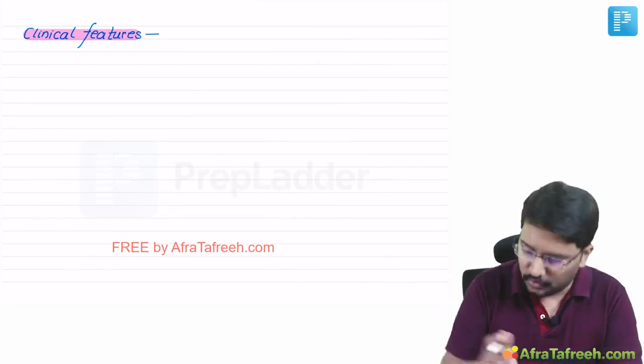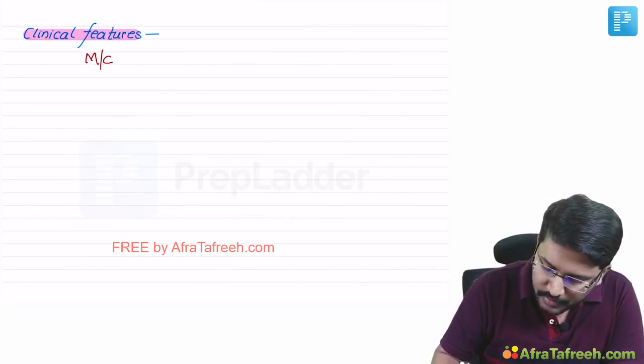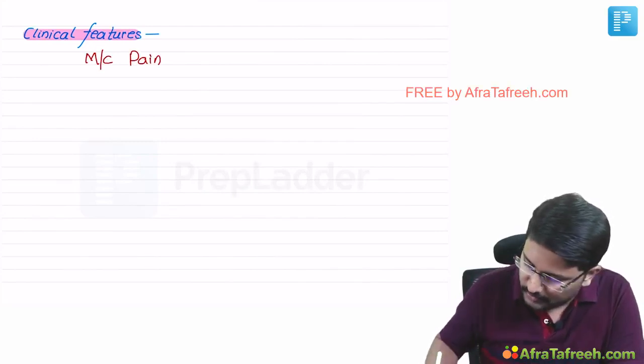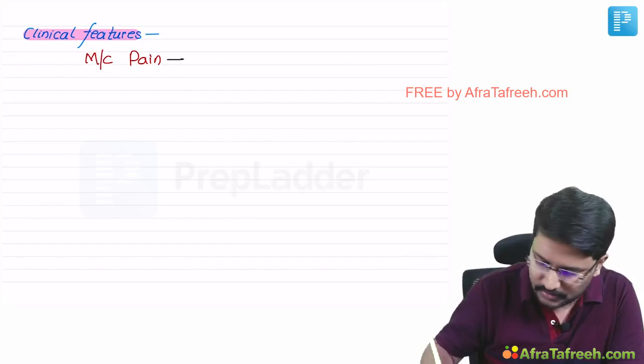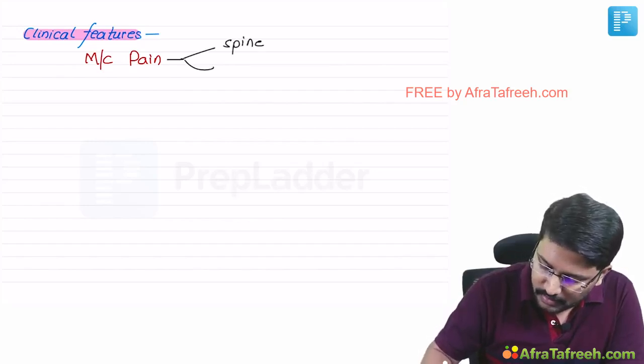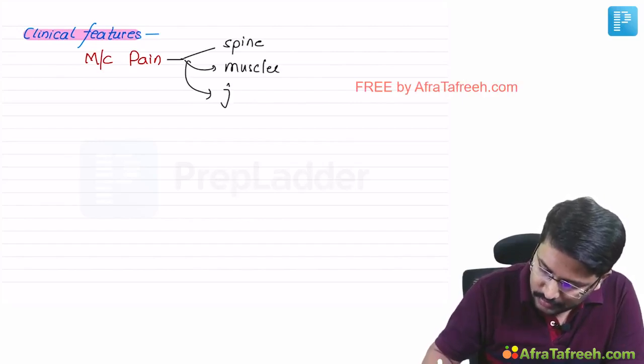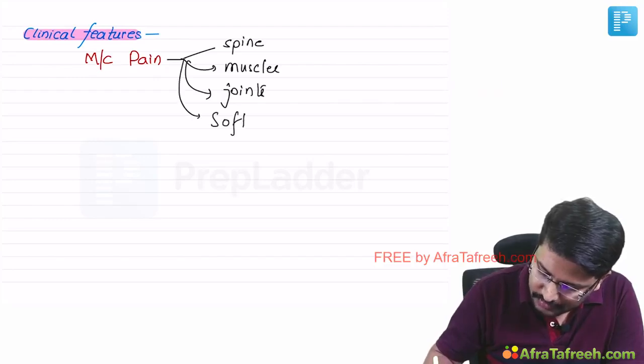Now coming to clinical features. Obviously the most common complaint is pain, and pain is widespread or diffuse. So the pain may be originating from the spine, from the muscles, from the joints or other soft tissues. Right? Pain can be originating from any of these structures.